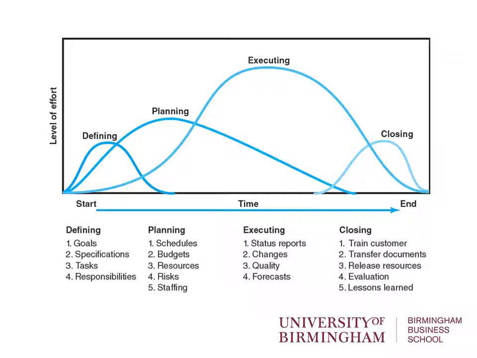The planning stage, which we'll come on to in the next 2 sessions, we'll start looking at schedules, budgeting, resources, staffing, those sort of things, and then I'll take you through the other sections throughout the rest of the module.